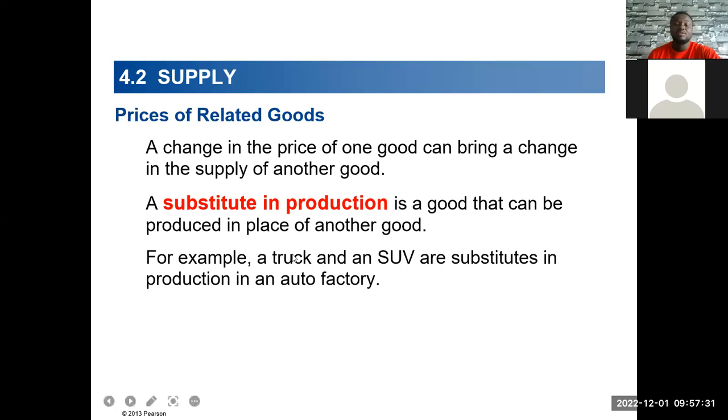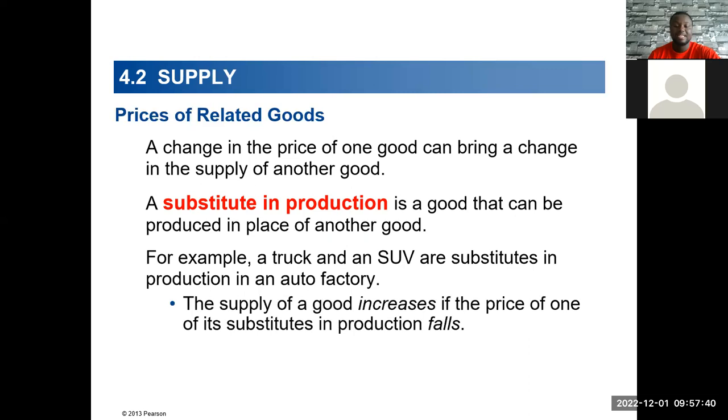So assuming there's an increase in the price of truck, you rather produce more truck and produce what? Less SUVs. So what is happening here? The supply of a good will increase if the price of its substitute falls. Okay, so if there's a fall in the price of truck, we will reduce the quantity of trucks produced.